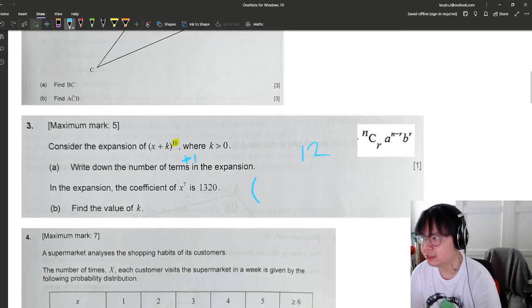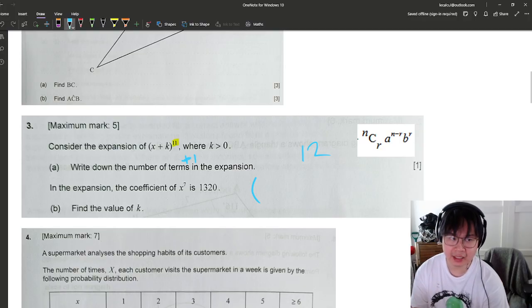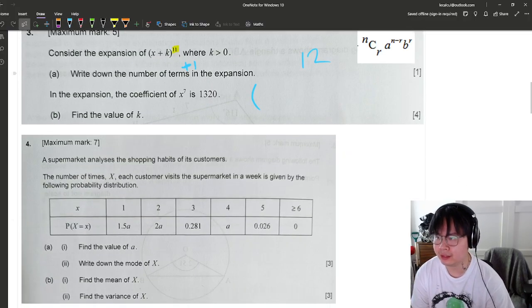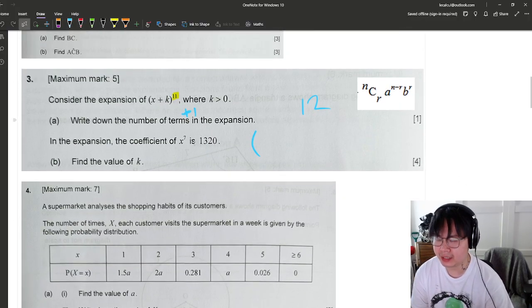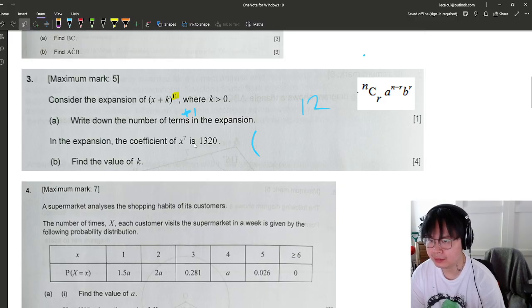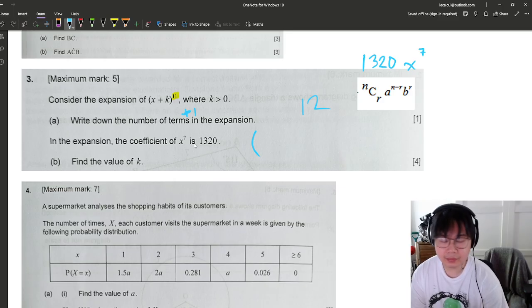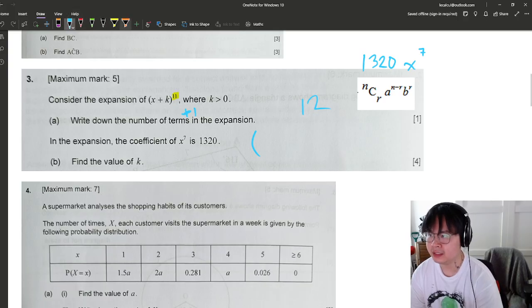So what we know is that when we actually expand this out with our value of k, you have this as your term, 1320 times x to the power of 7. And then what we're going to do is we're going to equate these two, and then you can compare them.